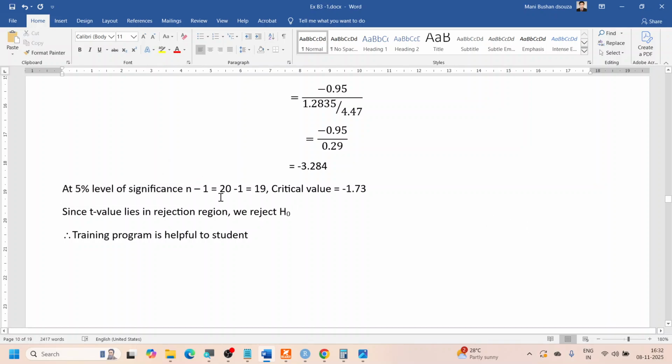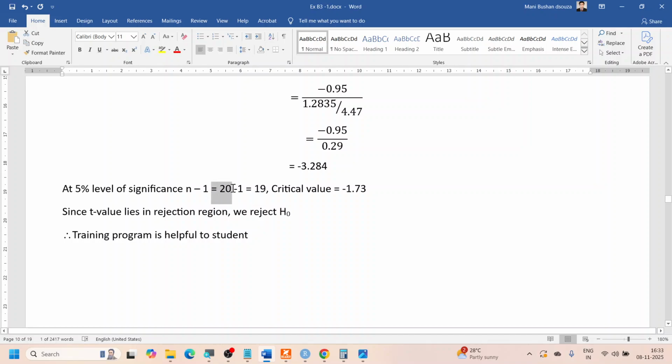How do you calculate that? We take the number of pairs, n, which is 20, minus 1. This is the degrees of freedom, so you get the degrees of freedom as 19 here.